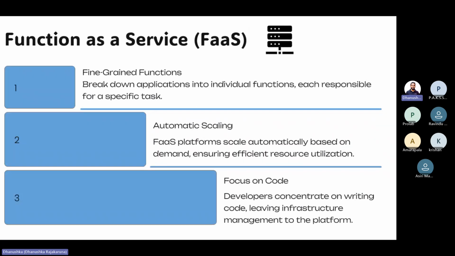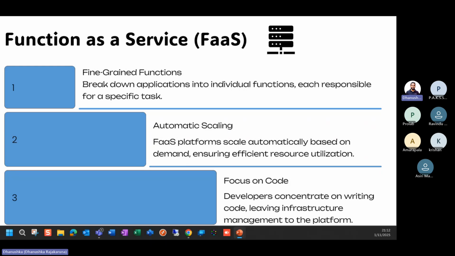Next we will talk about Function as a Service, which comes under our serverless architecture. This is the power of serverless architecture. Function as a Service is a core component of serverless computing, enabling developers to deploy and execute individual functions in the cloud without managing servers. FaaS abstracts infrastructure and complexity, allowing teams to focus on writing and running code triggered by specific events.